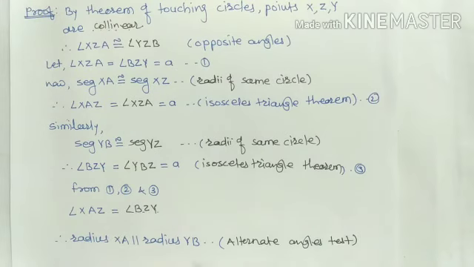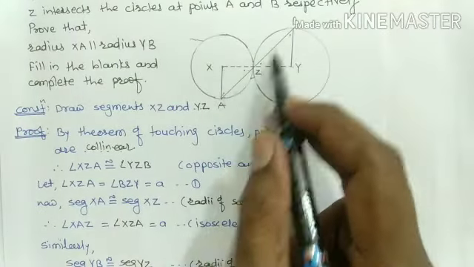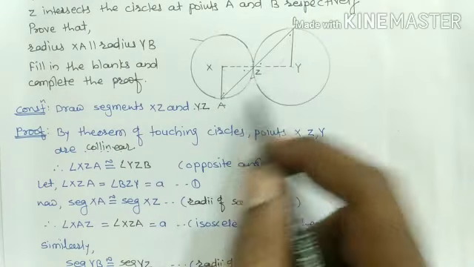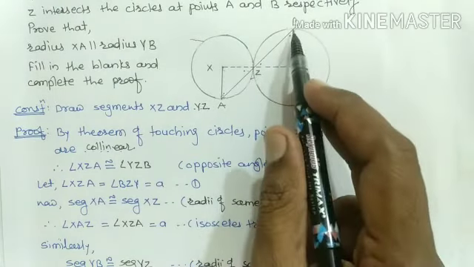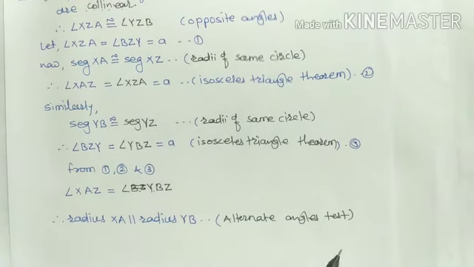If the activity had not been given, we would write here: angle XAB and angle YBA are the alternate angles formed on the segment XA and segment YB by the transversal AB, and therefore we would write the next step, radius XA parallel radius YB by alternate angles test. Here we complete this activity.